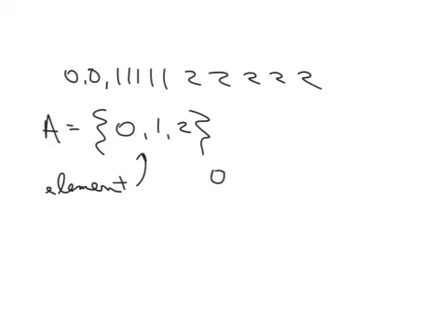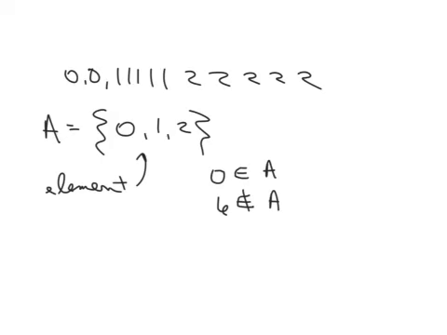So I would write 0. The symbol for element is kind of like an E. 0 is an element of set A. I could also write 6 is not an element of set A. Okay, so just some little symbols there to help you understand what you've got there.